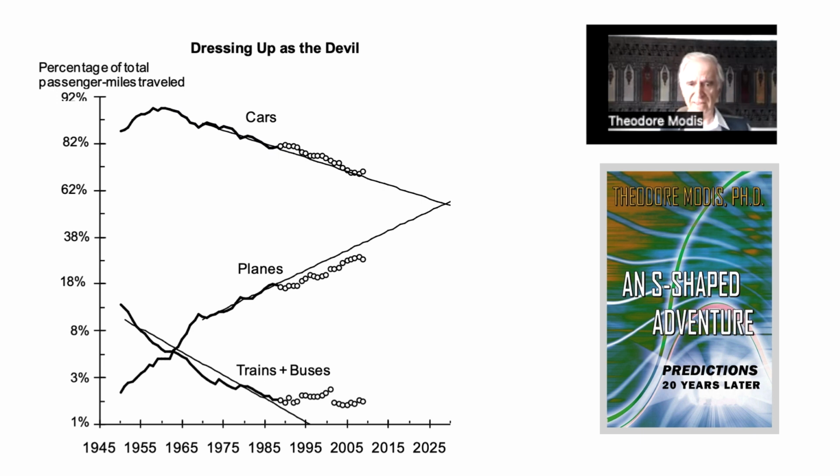Trains and buses are declining, and it's roughly a straight line. I have trains and buses grouped together. You have a private automobile, and that has been growing. My data only started in the mid-40s, so it had been growing up to then, going over a maximum and starting to decline because airplanes are taking over.